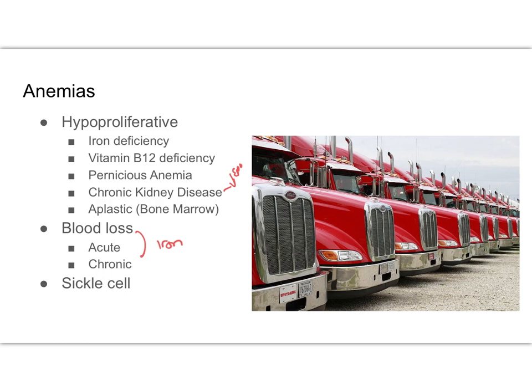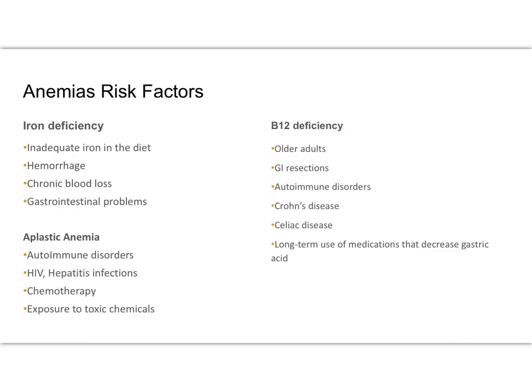But know that because I'm losing it, I have less iron in my body, and then making it is hard. And then sickle cell is genetic, and it impacts how the hemoglobin is made and changes how those connections are in the red blood cell. So we'll dig into those a little bit more. Okay.